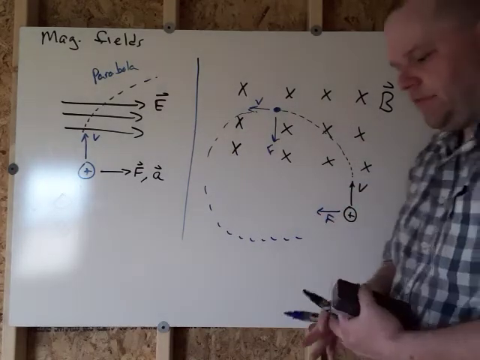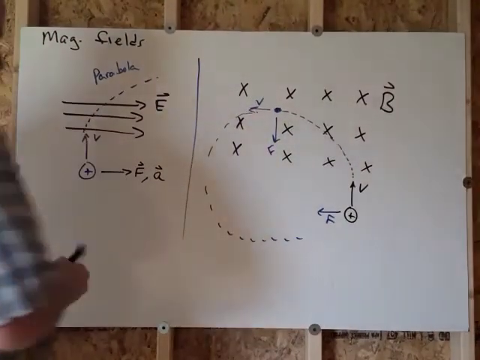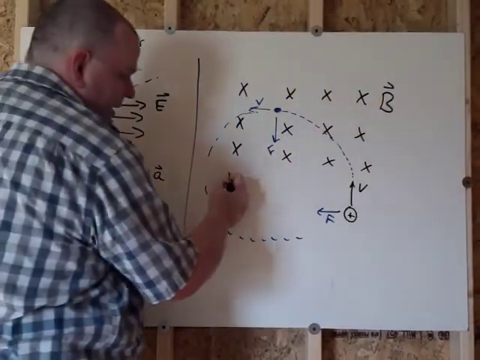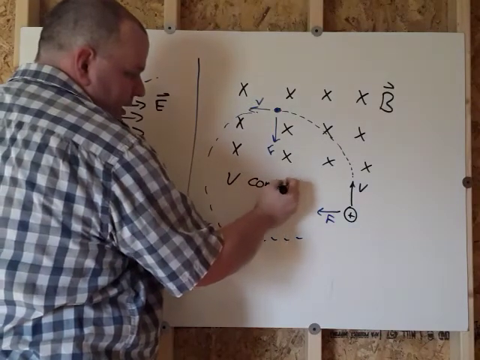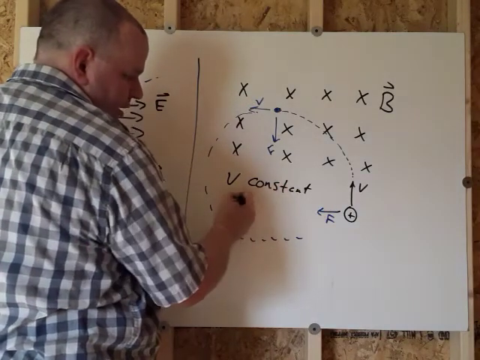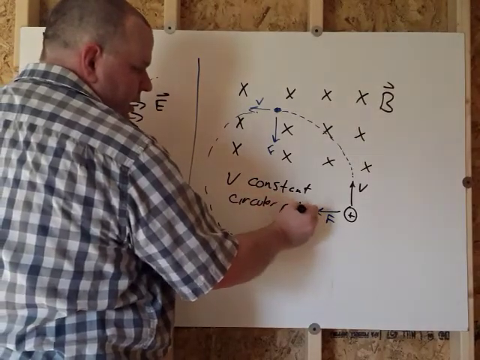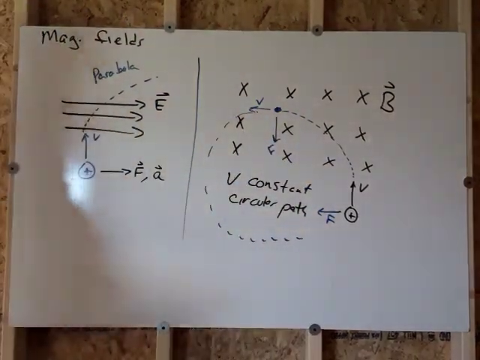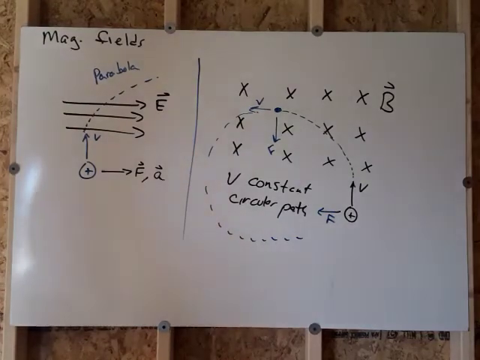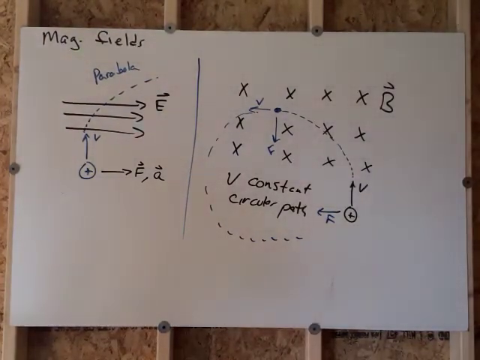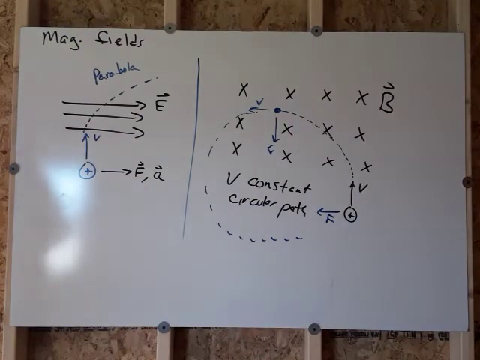All right. So if the charge moves on a circular path, the velocity stays constant. And this is going to work until I'm out of the magnetic field. As long as the charge is in the magnetic field, it's going to circle in the magnetic field.